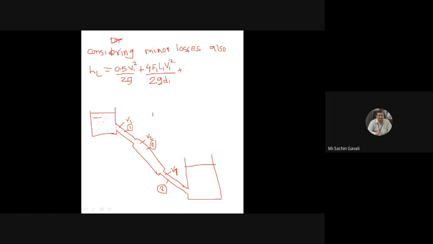H enlargement is equal to V1 minus V2 bracket square divided by 2G. Am I right, Nikita?